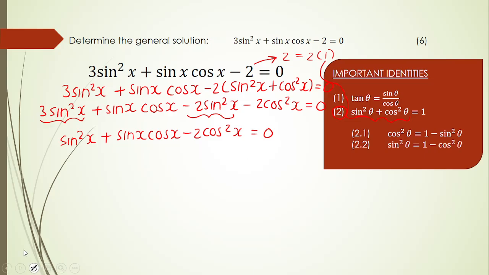Let's take a little deep dive here. Let's say that I replace sine of x, let's make that x, and cos of x, let's make that y. And I've got x squared plus xy minus 2y squared.